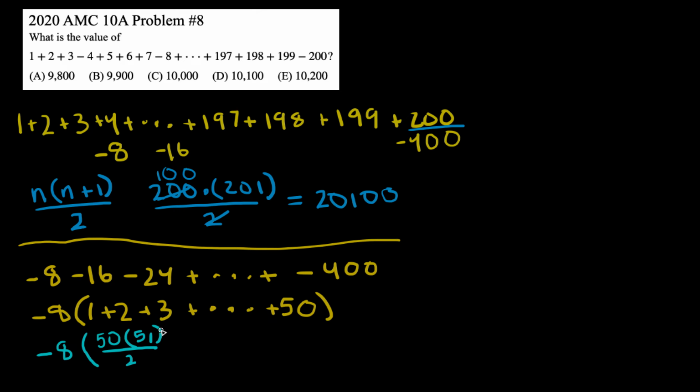Now this 2 and this 8 will become a 4, because one of the factors cancels out.